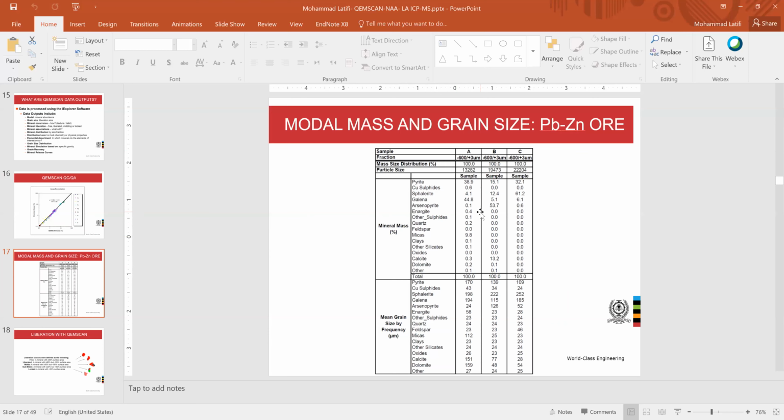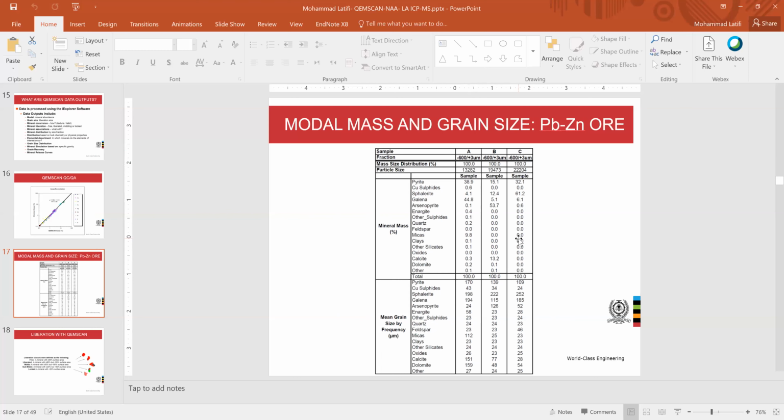For example, mica exists in sample A, but samples B and C they don't have mica. In other words, maybe for sample A, we have to apply a special separation method to remove mica, but this unit operation is not necessary for samples B and C because they don't have mica.